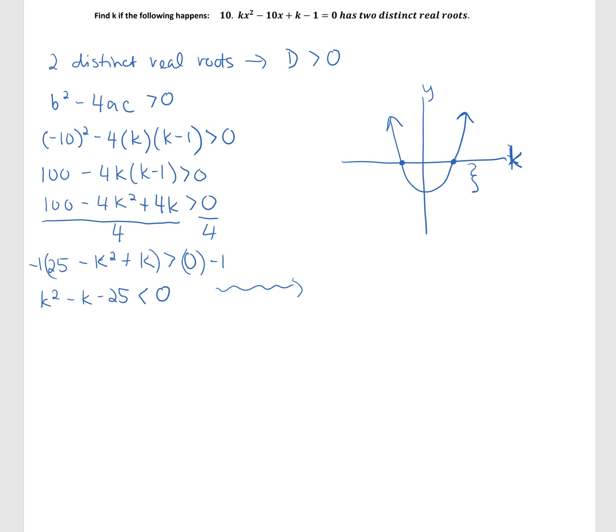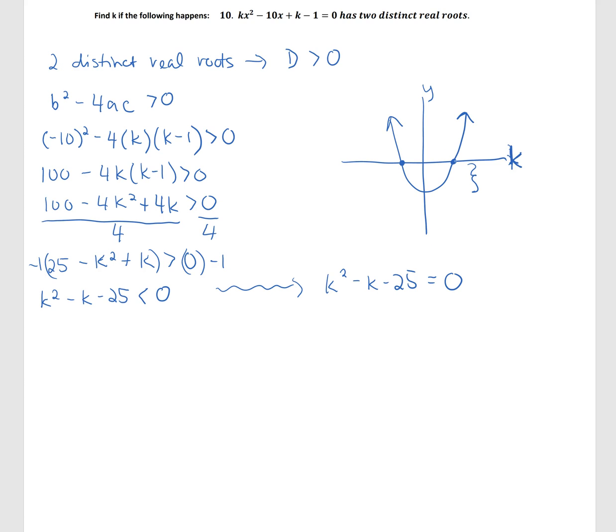Or in other words, for what values of k is y equal to 0? And so to do that, I'm going to pretend that this is not an inequality, because I'm looking at when this is equal to 0, and that's these points here.